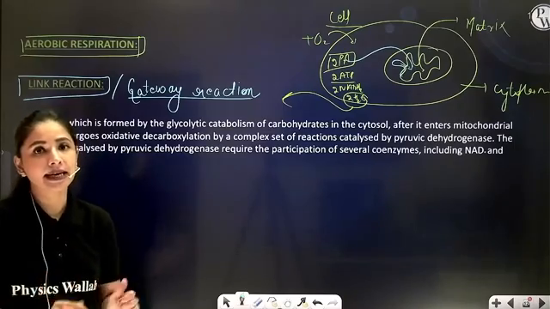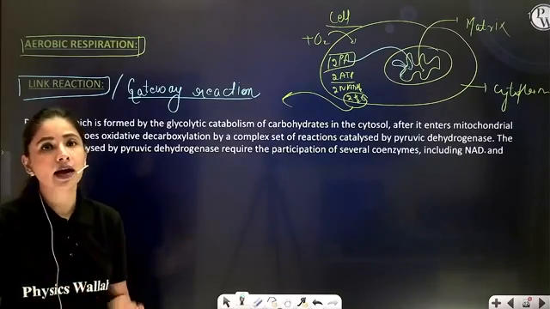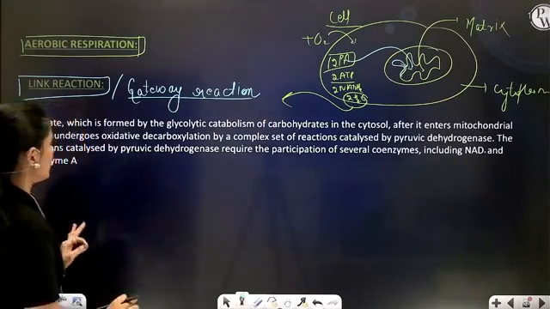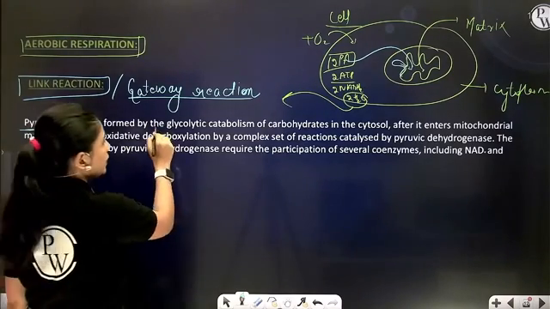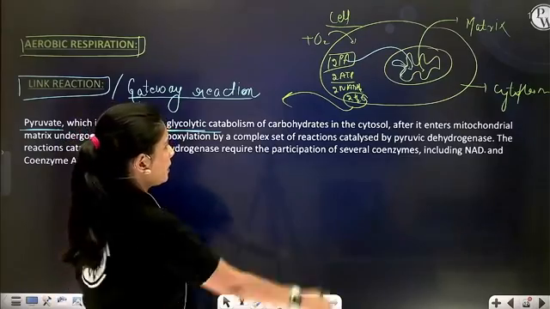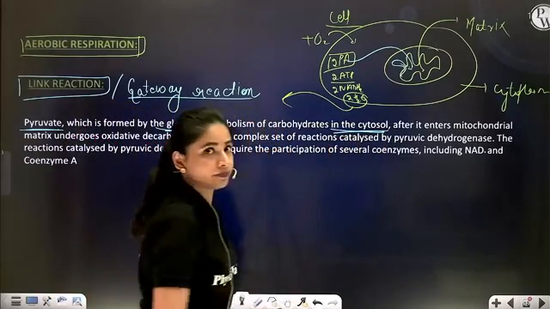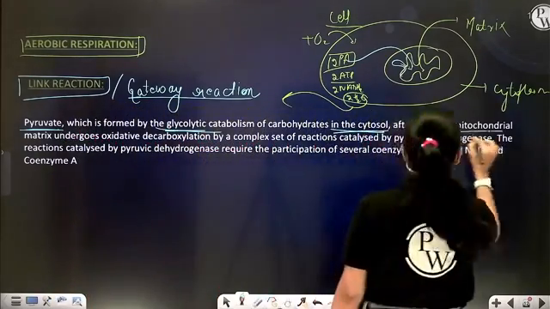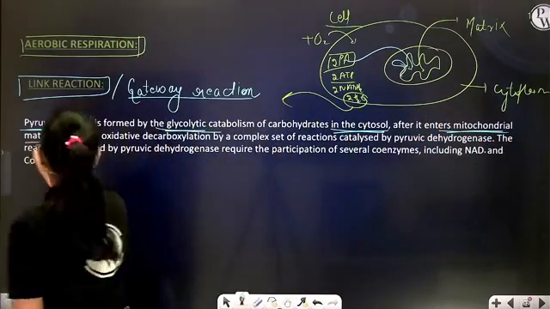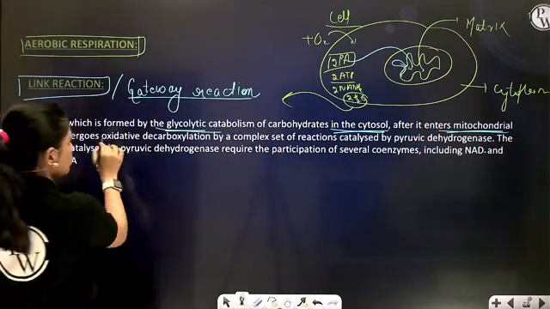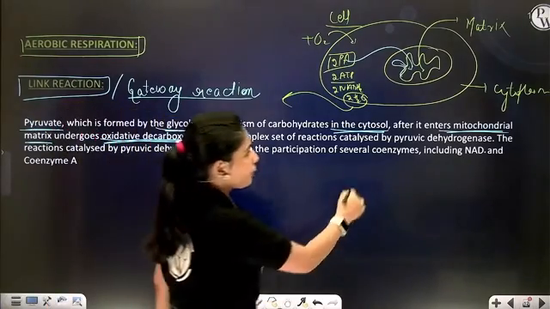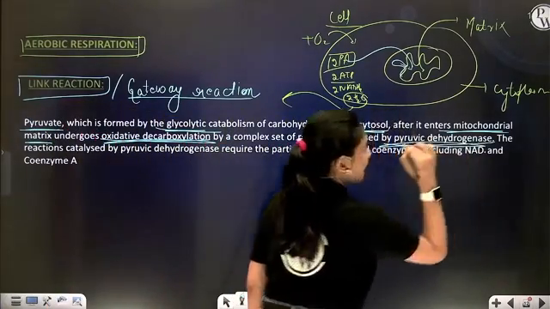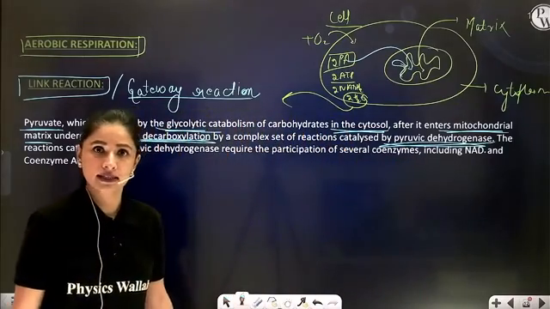dehydrogenase. Now see, pyruvic acid which is formed during glycolysis in the cytoplasm, after it has entered the mitochondrial matrix, will first undergo oxidative decarboxylation with the help of the enzyme pyruvate dehydrogenase, right?